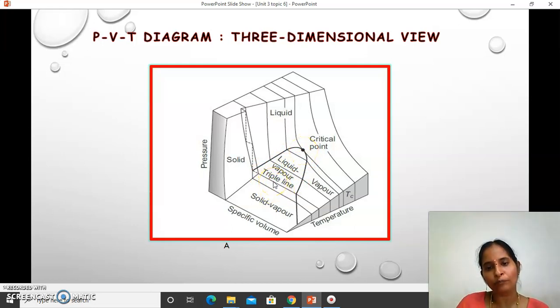Already I told you, no, 0.01 degree Celsius and about 6.1 kilopascal, you will get this triple point where solid, vapor and liquid will all be coexisting here. Okay, and all the other terms I hope I would have told about. This outer envelope consists of all the three coordinates P, V and T. Okay, so that you can see here.